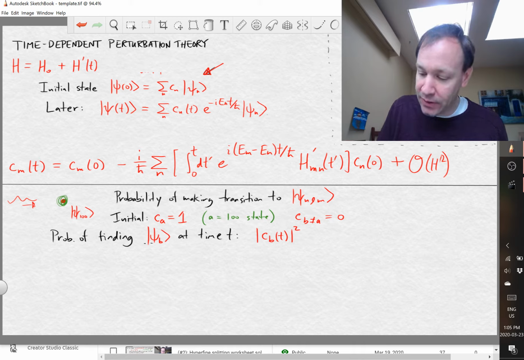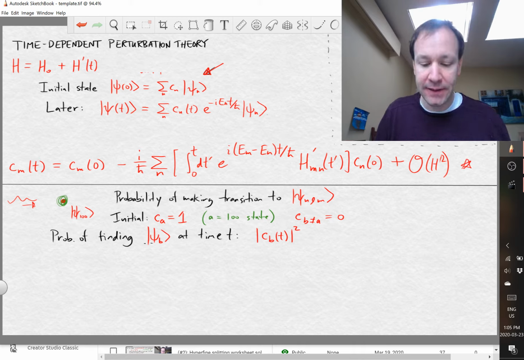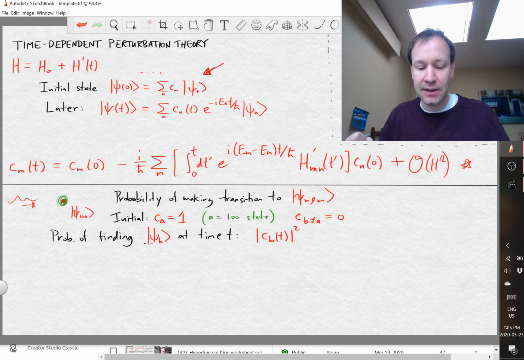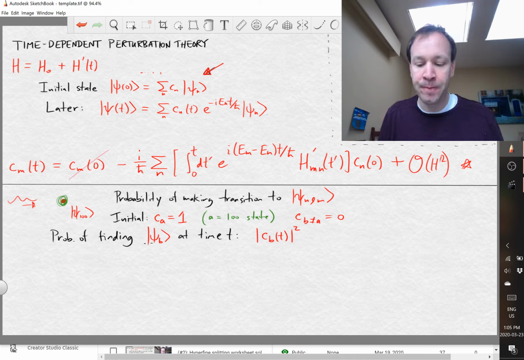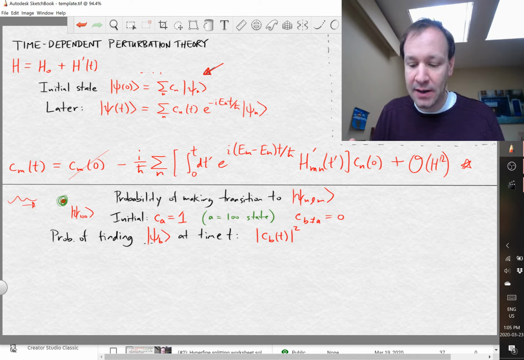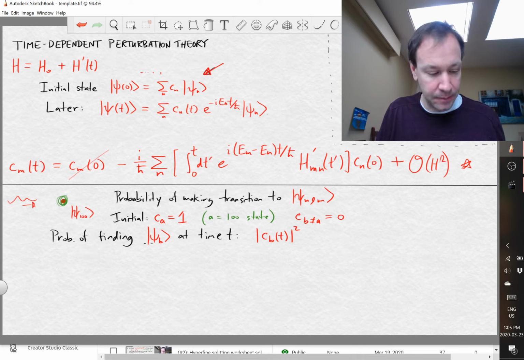And so here's where we can use our result for cb of t. Okay. And now it simplifies a little bit because we've assumed that cb of 0 is 0. We're talking about a state which is not our original state. And so then we can basically ignore that first term. And so our probability is then just going to be the square of this second term here.